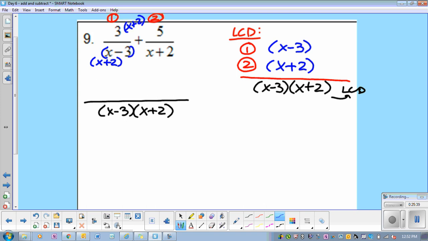So the second one is missing an x minus 3. Whatever you multiply on the bottom, you multiply on the top. And then you can distribute it. So it's really this guy, plus 5 times x minus 3. I'm just going to rewrite it so that it's easier for you guys to see.